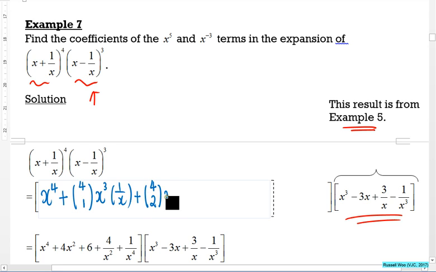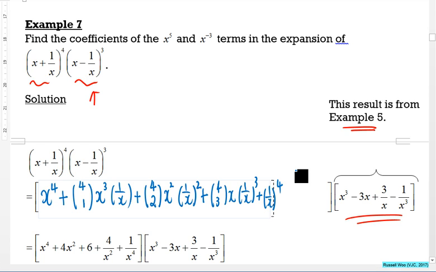Plus 4C2 x squared, plus 4C3 x times 1 over x cubed, plus 1 over x to the power of 4. Okay, close bracket. All okay? This is O-level stuff, yeah?